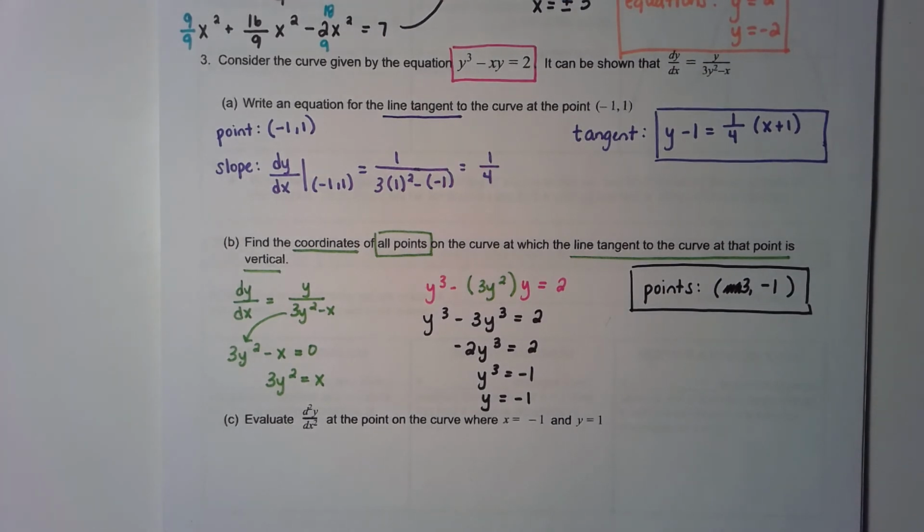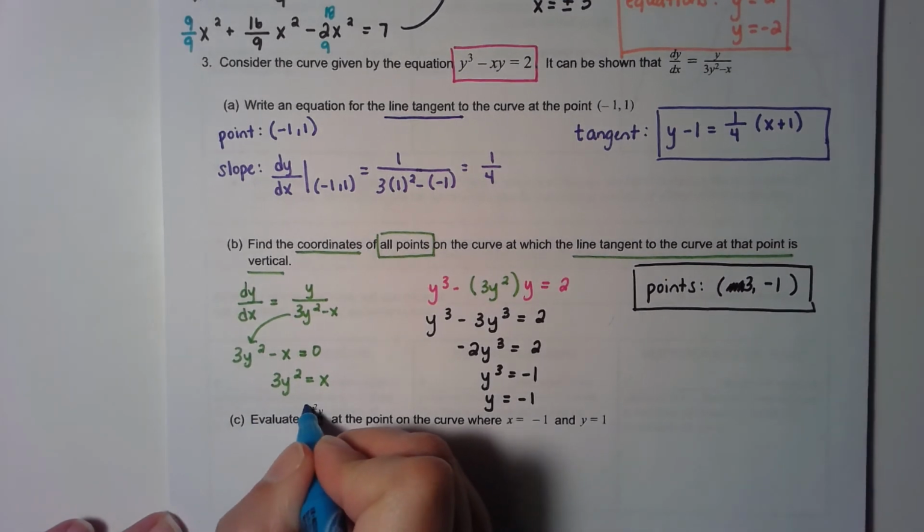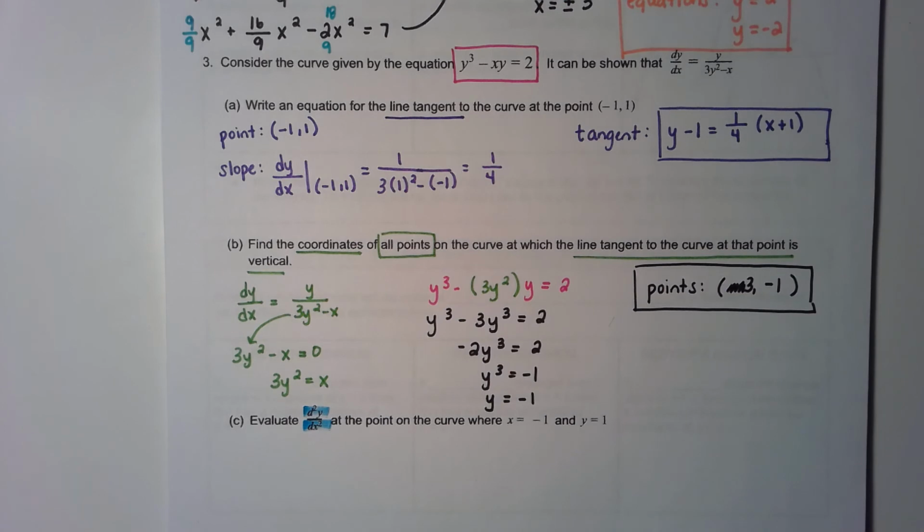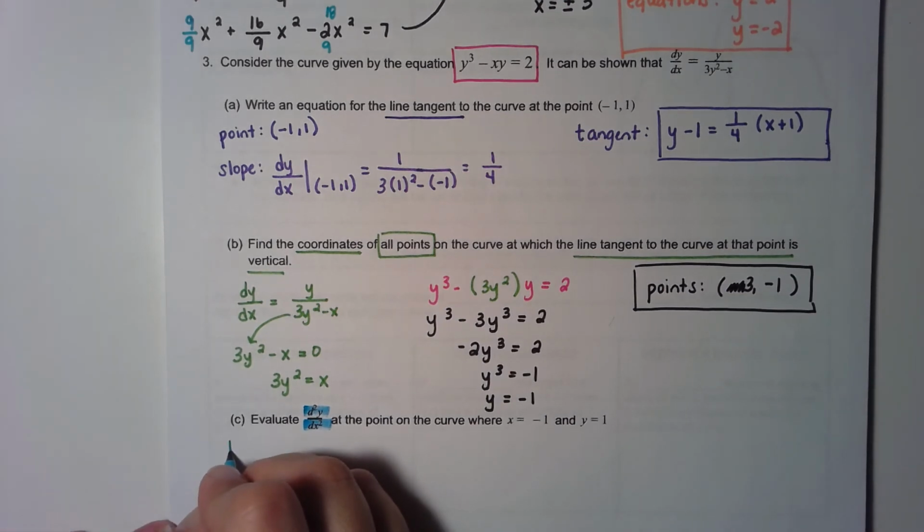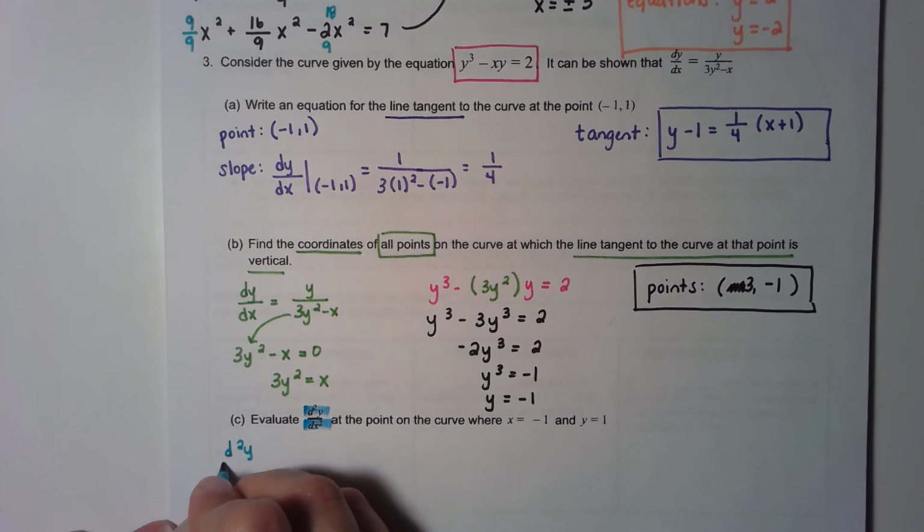And last but not least, find the second derivative at the point where x is negative 1 and y is 1. Now, in order to do this, there are really two steps, even though it doesn't specifically say that. First, we need to actually find the second derivative, and then we will plug in our numbers. So as a review, to find the second derivative here, we're going to need to use quotient rule.